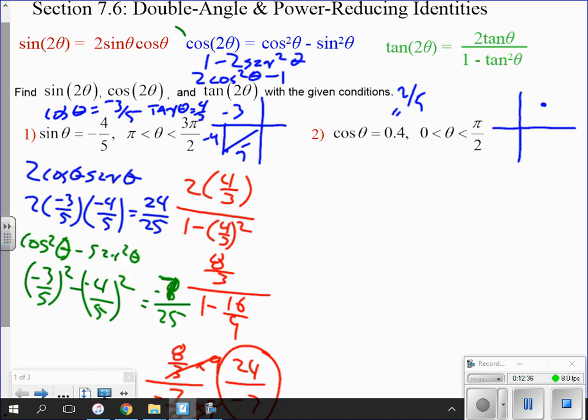So if I'm looking for exact values, that makes it easy. This is 2. This is 5. Using the Pythagorean theorem, you get the square root of 21 for your y value. So the sine is root 21 over 5. The tangent is root 21 over 2.